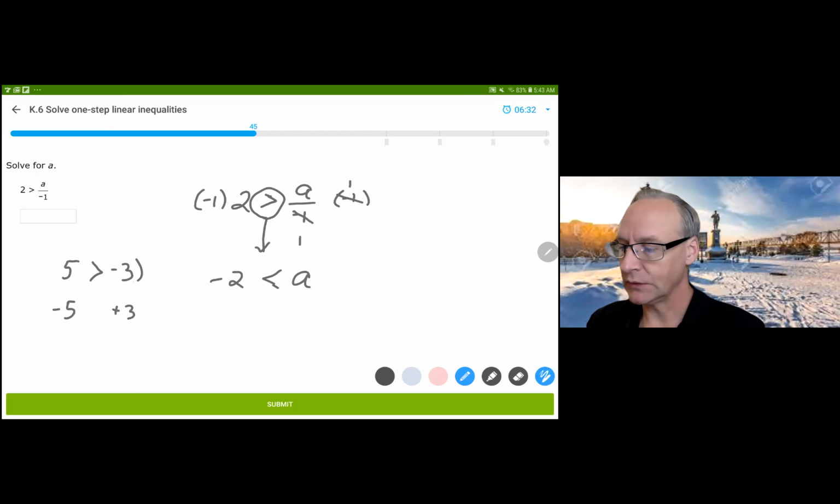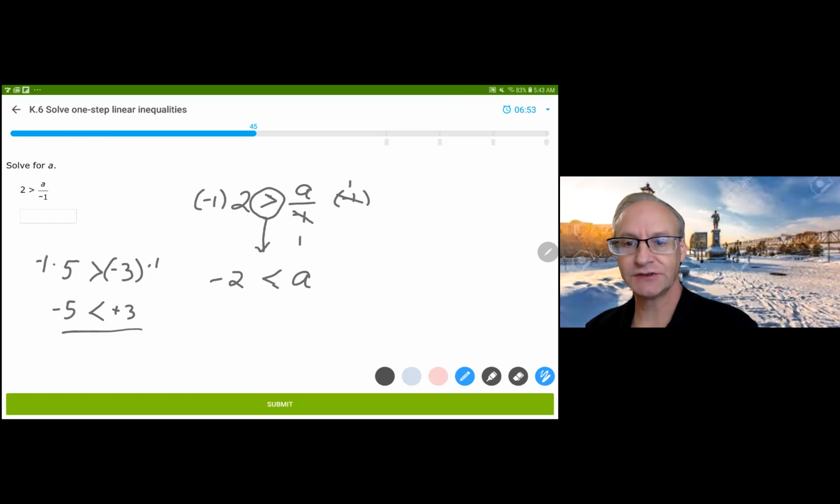All I did was more or less what I did up here. I multiplied by -1 on both sides. And what happens is I've reversed the sense of the signs on the two sides of the inequality, and I have to reverse it. It's a bit like the rule where when you are dividing by a fraction, you have to multiply by the reciprocal.